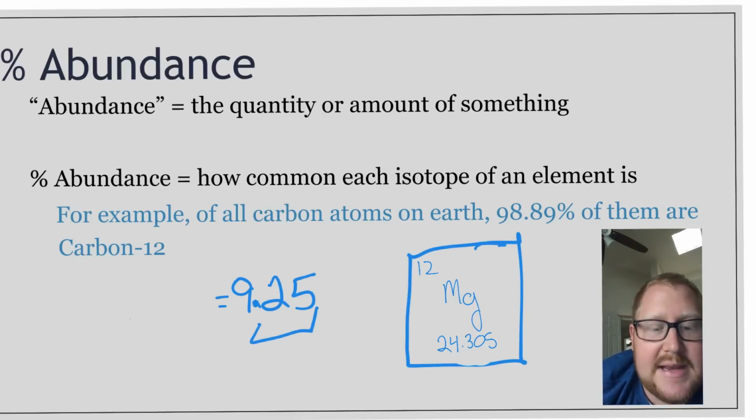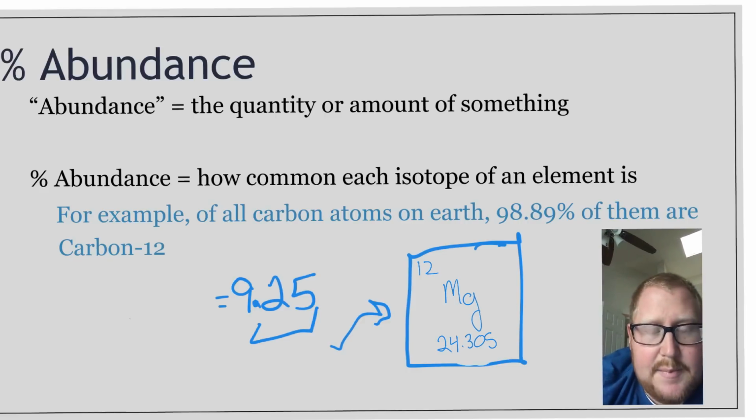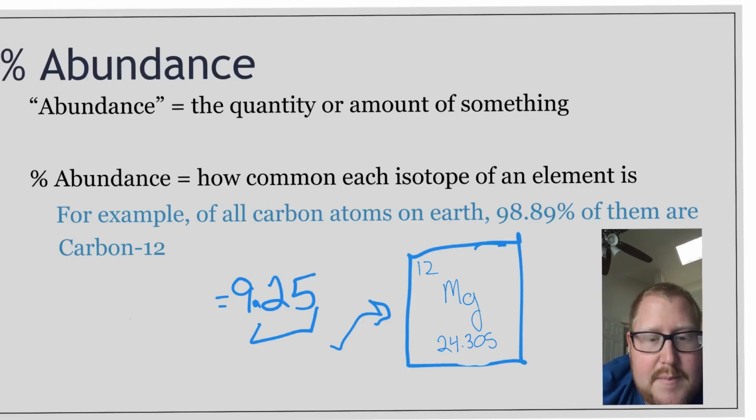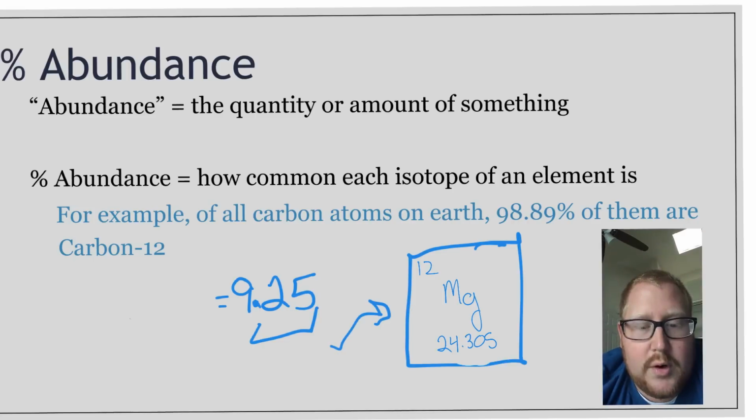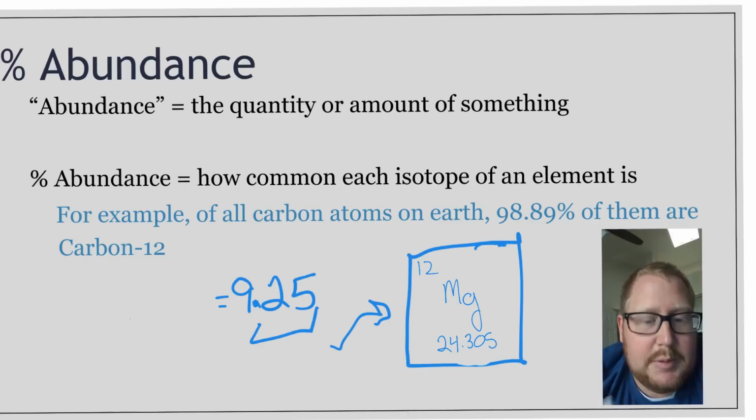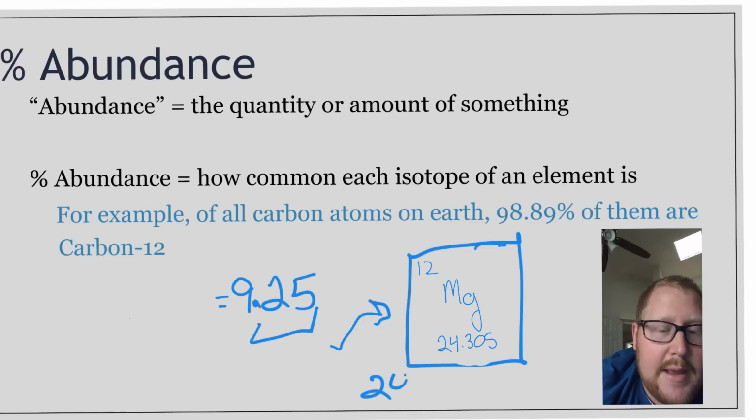And so the same thing applies for the average atomic mass of an element. So magnesium has a mass of 24.305. And so it's reasonable to assume that there's at least 2 isotopes of magnesium, and one's going to be Mg24, and one is going to be Mg25.